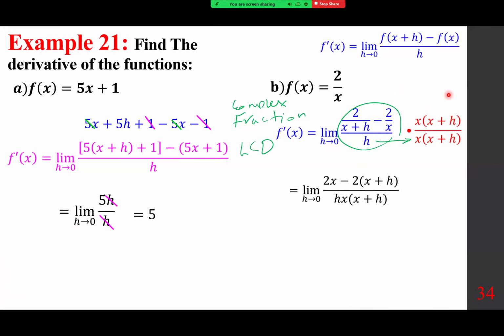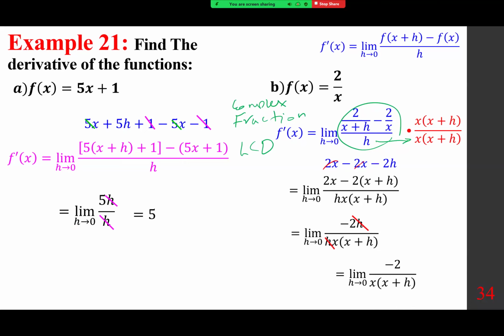So again, all of it is algebra. Notice this is algebra, this is algebra. Now you distribute, you get minus 2x minus 2h. 2x and minus 2x cancel each other. h and h cancel each other.